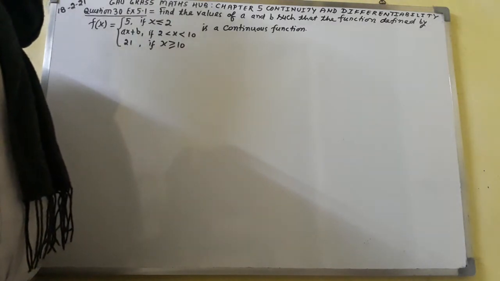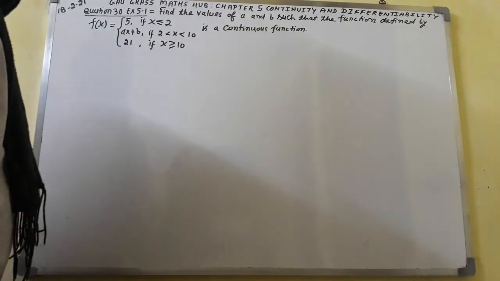The question is: find the values of a and b such that the function defined by f of x is equal to 5 if x is less than or equal to 2, f of x equal to ax plus b if 2 is less than x less than 10, and f of x equal to 21 if x is greater than or equal to 10 is a continuous function.